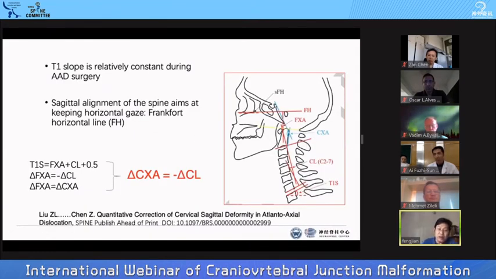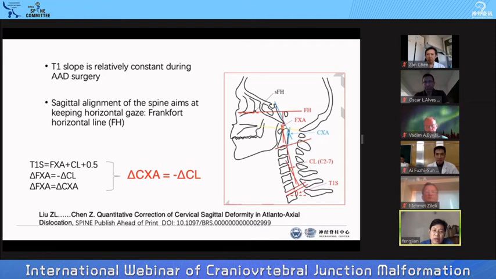So recently we published a further study, and by a simple geometric method, we can deduce that the change of clival axial angle, that means CXA, equals the change of C2-C7 curve angle. Of course, we suppose that the C1 slope is relatively constant during atlantoaxial dislocation surgery.